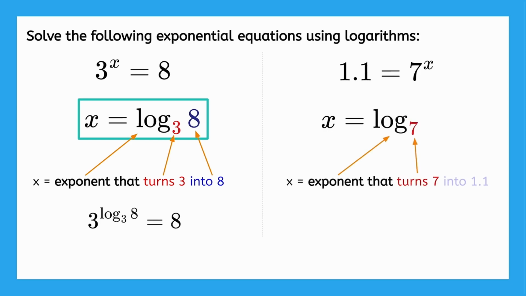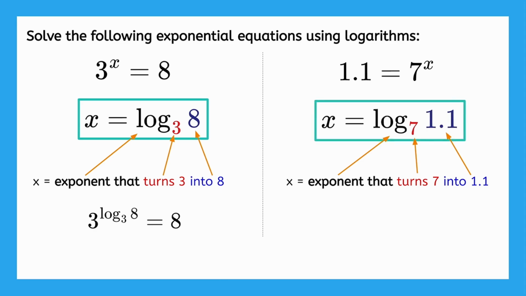So, x equals log base 7 of 1.1, because we know that 7 to the power of log base 7 of 1.1 equals 1.1. Notice how we needed logarithms for these equations, since 8 is not a nice integer power of 3, such as 9 or 27, and neither is 1.1 a recognizable integer power of 7.